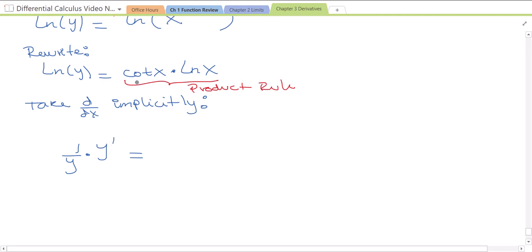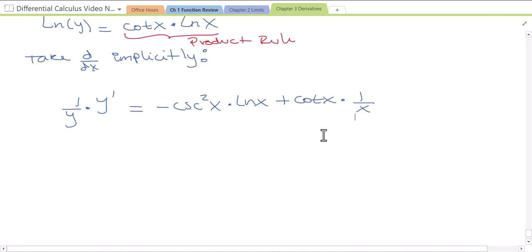The product rule says the derivative of the first, the derivative of cotangent is negative cosecant squared x, times the second left alone, so ln of x, plus the first left alone, so cotangent of x, times the derivative of natural log of x with respect to x, that's 1 over x. So that is our product rule, and now we simplify and solve for y prime.